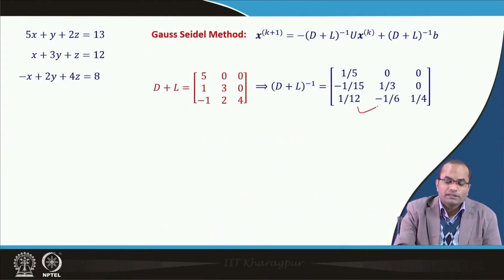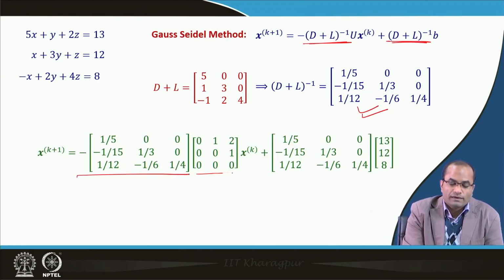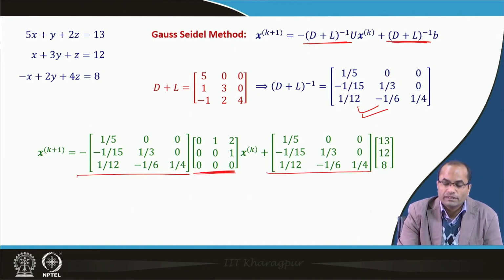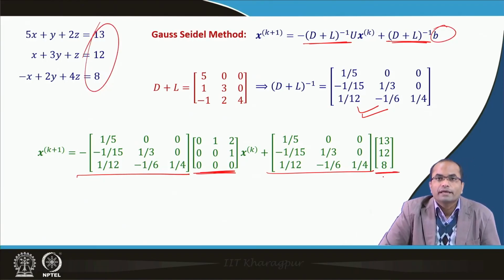Having this D plus L inverse, we can plug this into this matrix form. So, we have D plus L inverse, we have this upper triangular matrix, we have D plus L inverse, and then we have this B from the equations, the 13, 12 and 8.